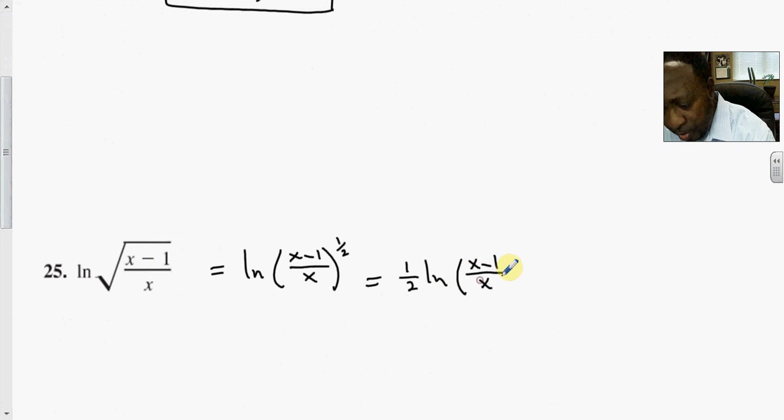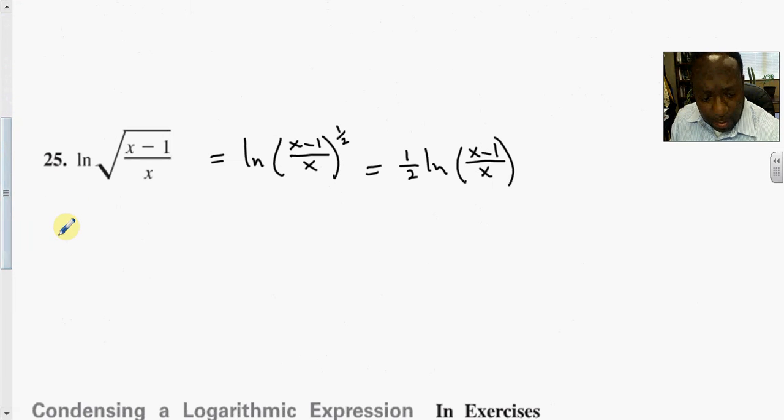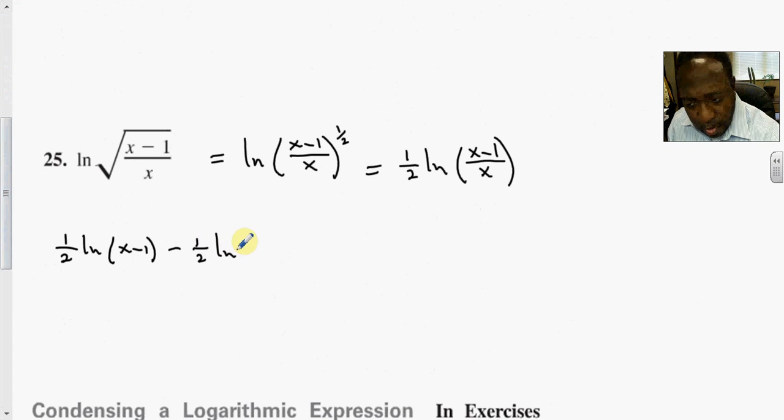After that, we break down the quotient into the difference of the natural logs. So here we have 1/2 times the natural log of x minus 1. Don't throw away the 1/2. It's still now minus 1/2 times the natural log of x.